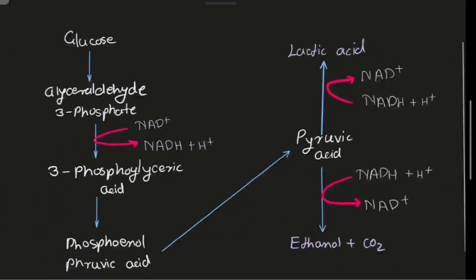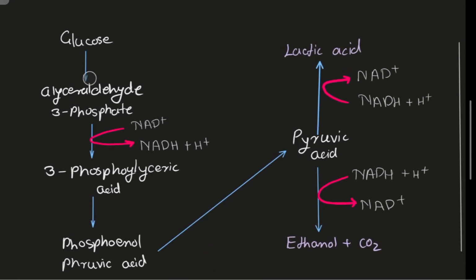If we see the process: glucose, glyceraldehyde 3-phosphate, getting NADH2, then converted into 1,3-bisphosphoglyceric acid, 3-phosphoglyceric acid, then phosphoenol pyruvic acid, which brings us to pyruvic acid.